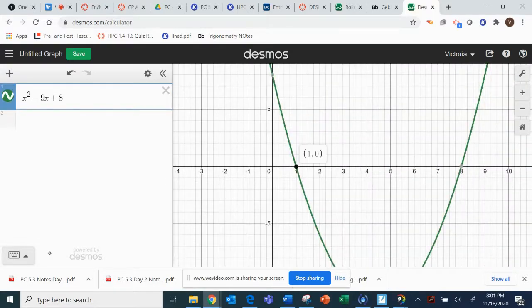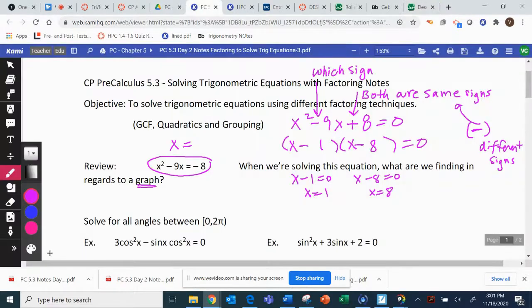And we look at our x-intercepts, and we find out that the graph is equal to x when y is 0. And when we look at the equation, the x's are 1 and 8 when the y value would be 0 if we made this into a y equals graph. So what we're finding would be the x-intercepts.